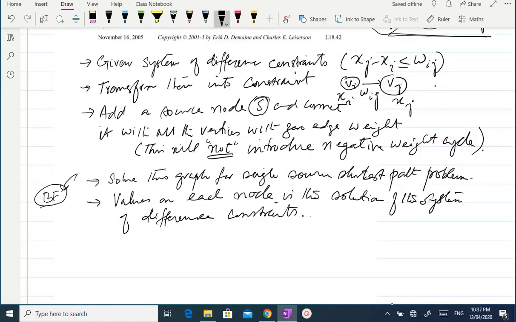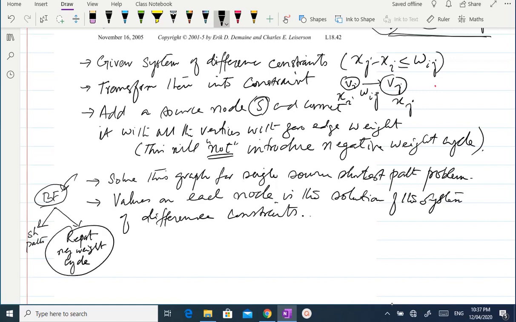Bellman Ford is an algorithm. What will be the outcome of Bellman Ford? It will either give you the shortest paths, or the second possibility is that it will report a negative weight cycle.